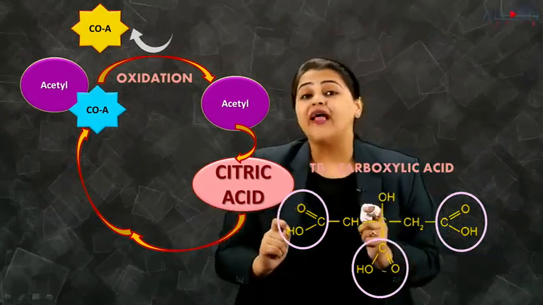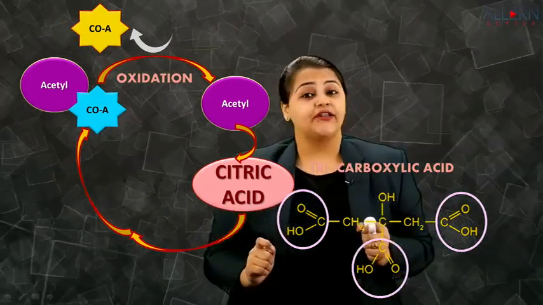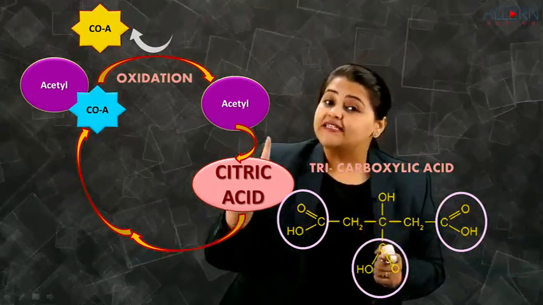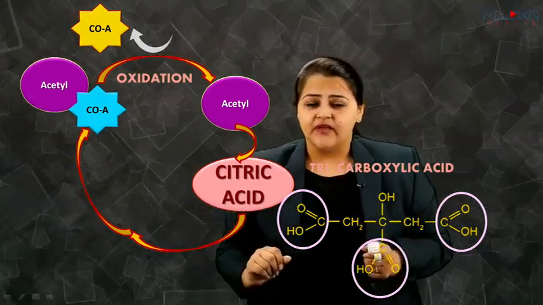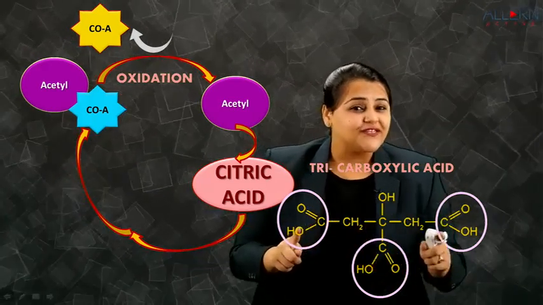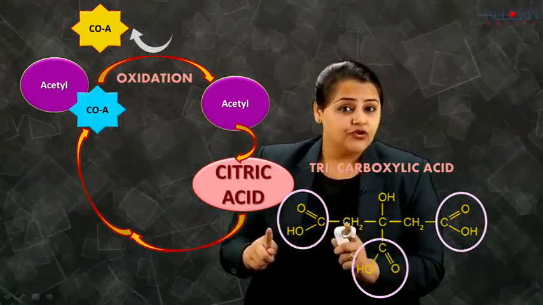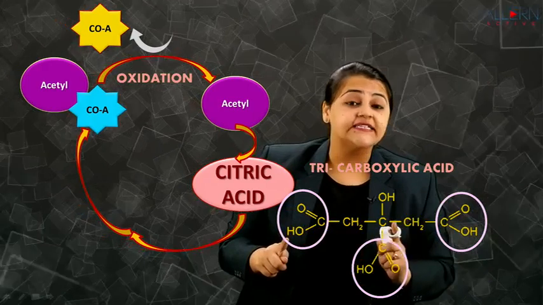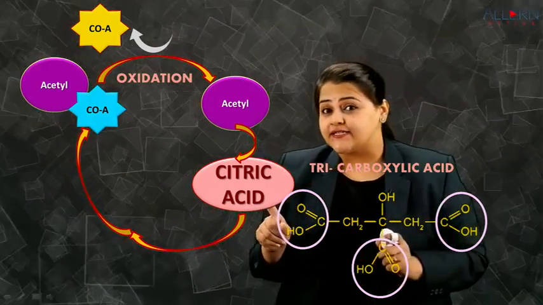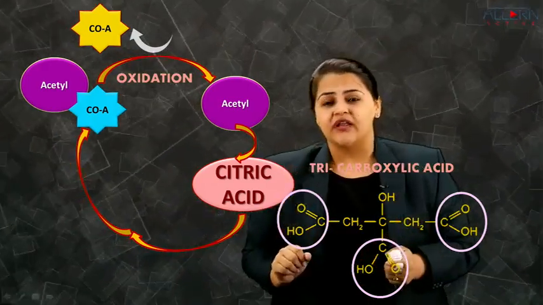Now there is one extra thing I would like to tell you. We know that acetyl is a 2-carbon molecule. Just count the number of carbons in citric acid: 1, 2, 3, 4, 5, 6. Citric acid is a 6-carbon molecule.